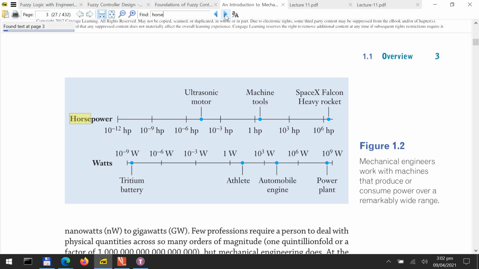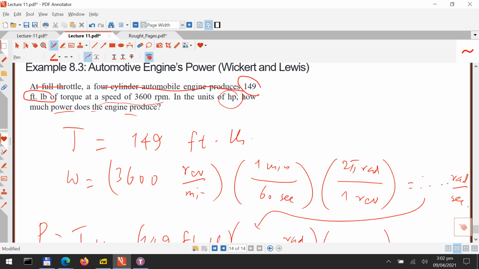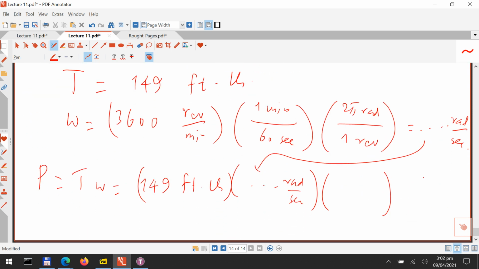Horsepower. Yeah, so you see horsepower. I will provide a table, but what we discover here is that 1 horsepower is 550 foot-pound per second. So we can now make use of this: 550 foot-pounds per second.